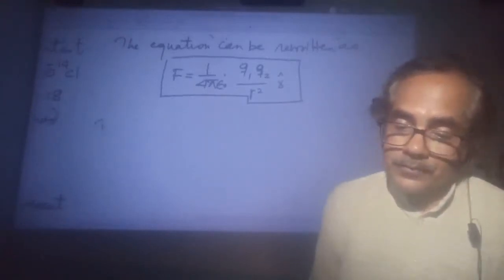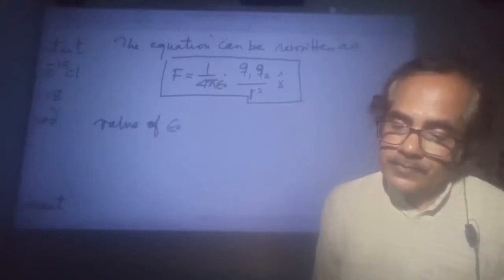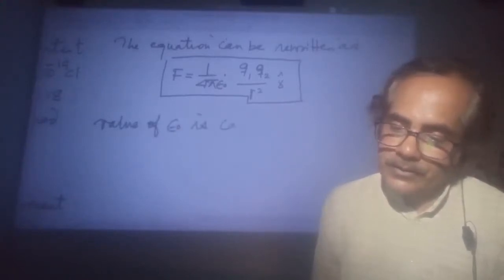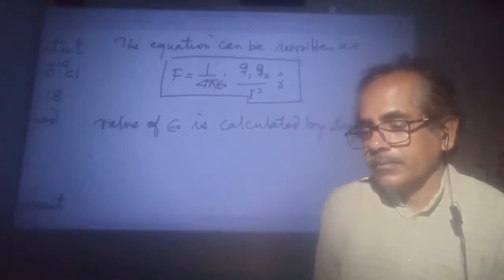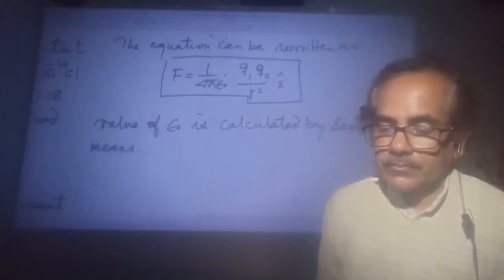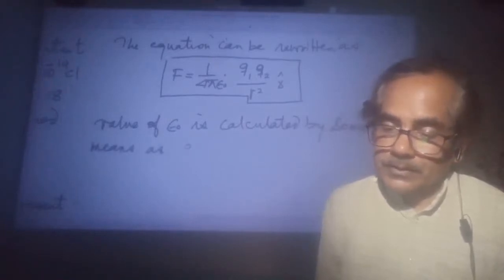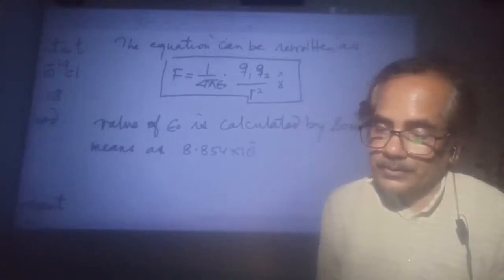The value of epsilon 0 is calculated by some other means as 8.854 into 10 to the power minus 12.